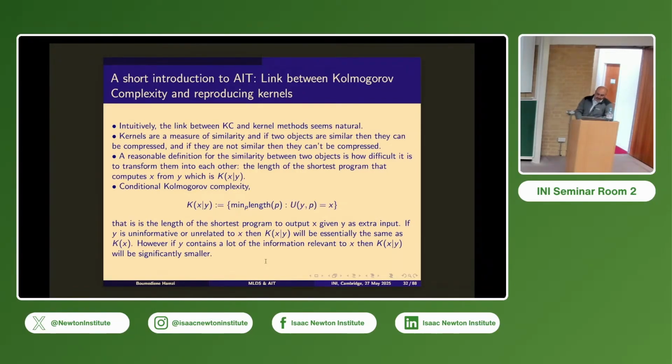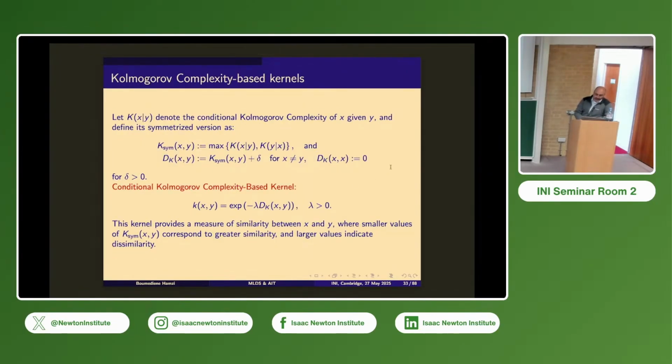This leads to defining Kolmogorov complexity-based kernels. One of them is the following: k(x,y) is equal to exponential of minus lambda d_K(x,y). Here we take the symmetrized conditional Kolmogorov complexity, K_sim, as the max of K(x given y) versus K(y given x).